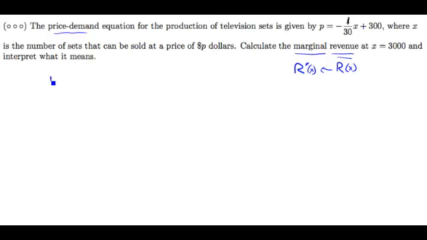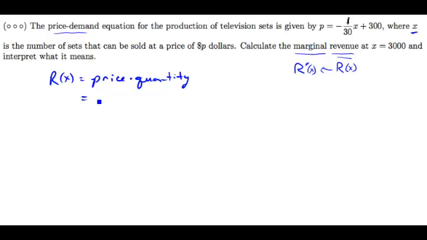So to begin with, the revenue function is the price times the quantity sold. That's how we determine revenue: how many we're selling times the price we're getting for them. In this problem, our quantity is the number of television sets, and that's given by X. So the quantity is simply X. The price then needs to be a function of X, and fortunately for us, that's the way it was given to us.